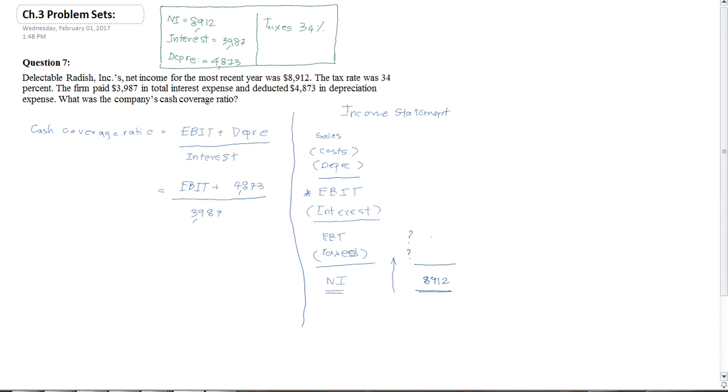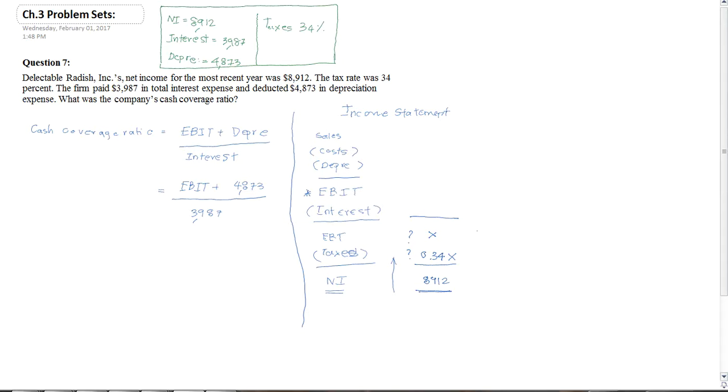To make everything simple, you just put what you don't know as a variable. Here I use X. If EBT, earnings before tax, is X, then tax will be 34% of X, which gives us 0.34X.